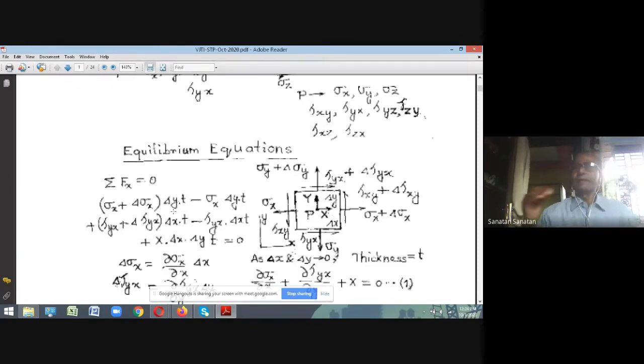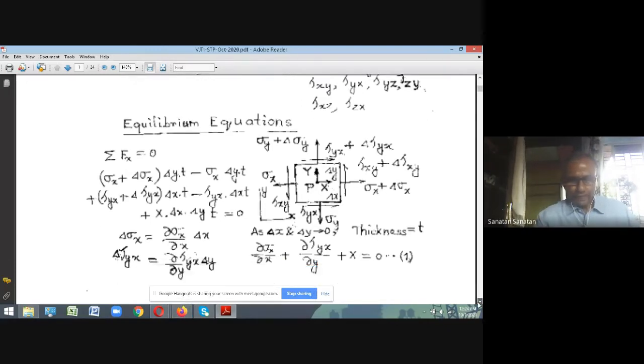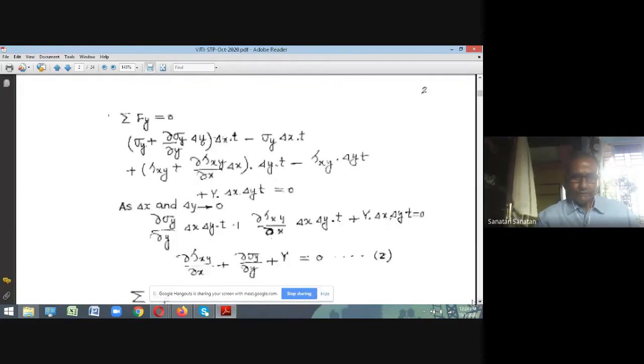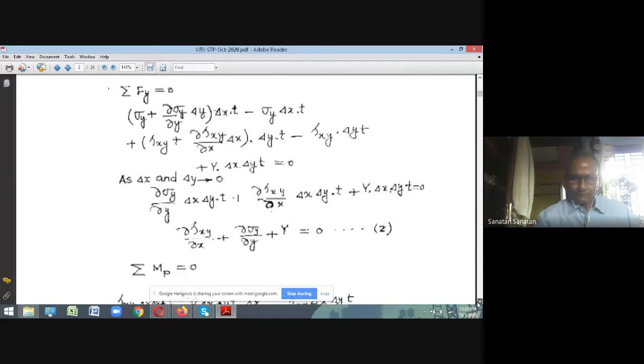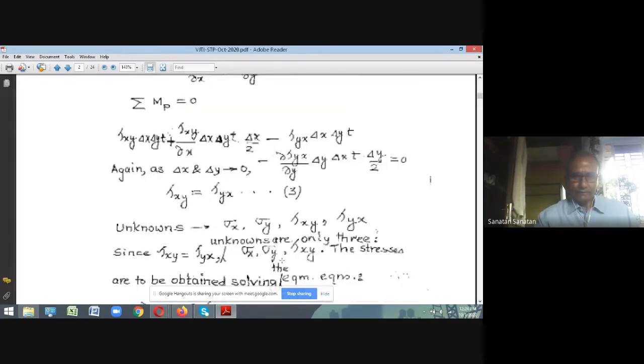And you see, one is acting anti-clockwise, the other is acting clockwise. So therefore, these two moments must balance. And once you look at that, what is that condition? You see, it is shown here. So this is what is shown. Finally, what it means is that the second term is going to knock out, and finally this moment is equal to this moment, and the rest of the terms are 0.